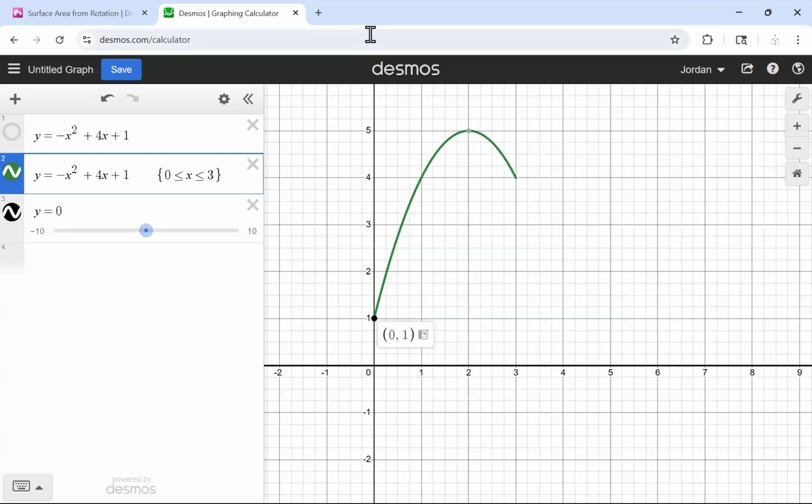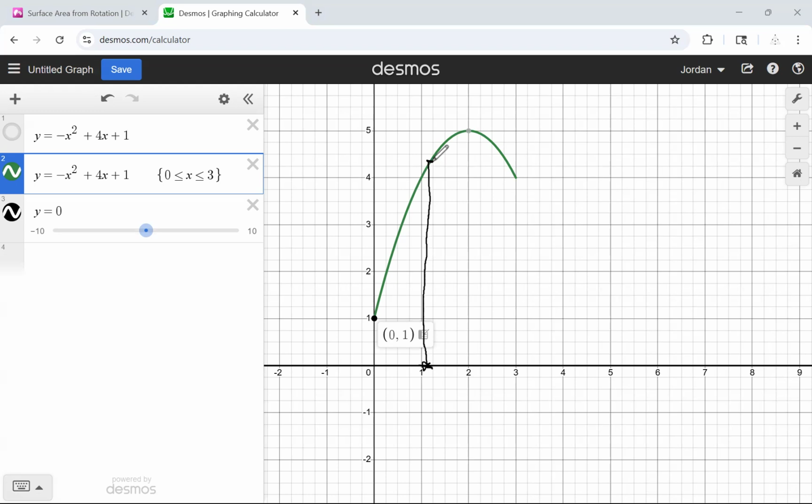In terms of the radius, that's the interesting part. So if I take a point on this curve and I draw the radius, well, the radius of my circle is going to go from the curve down to this line that I'm rotating it around.